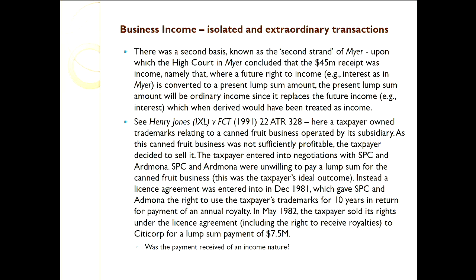However, these two companies did agree to license the trademarks of the canned fruit business. They entered into a 10-year license agreement, and under this license agreement, Henry Jones, the taxpayer, would receive royalties from them.